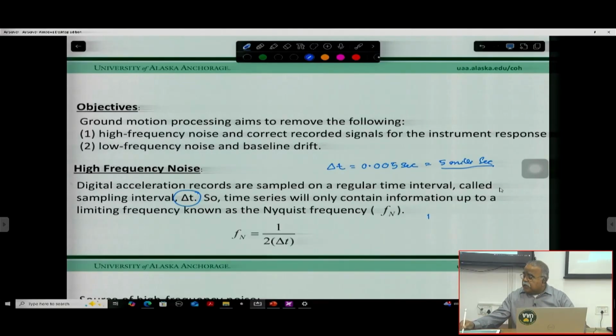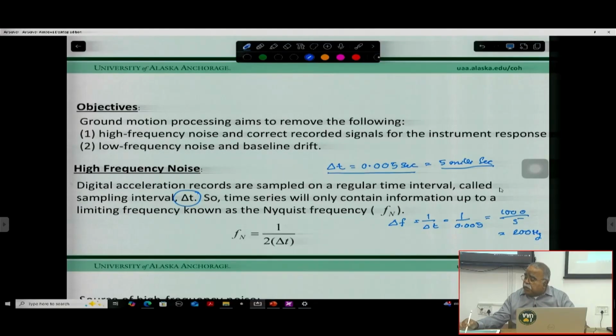So 1 by delta t will be equal to 1 by 0.005, right? That will be equal to 1000 divided by 5, so 200 hertz. So 1 by delta t is the sampling frequency, 200 hertz.